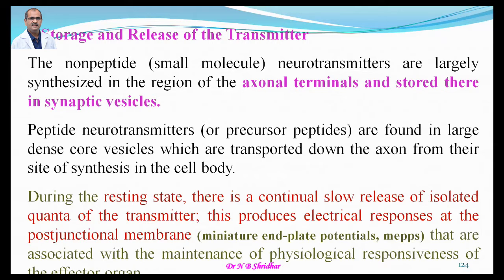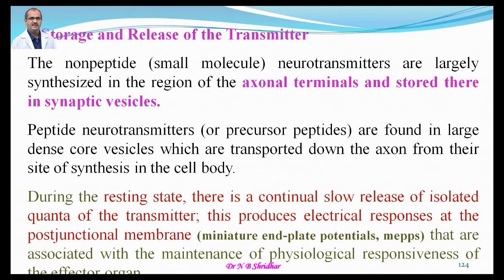Usually the raw materials or precursors of the neurotransmitters are stored in the large dense core vesicles, especially in the axoplasm. During the resting state, there is a continual slow release of isolated quantities of the transmitter. This produces electric responses at the post-junctional membrane.